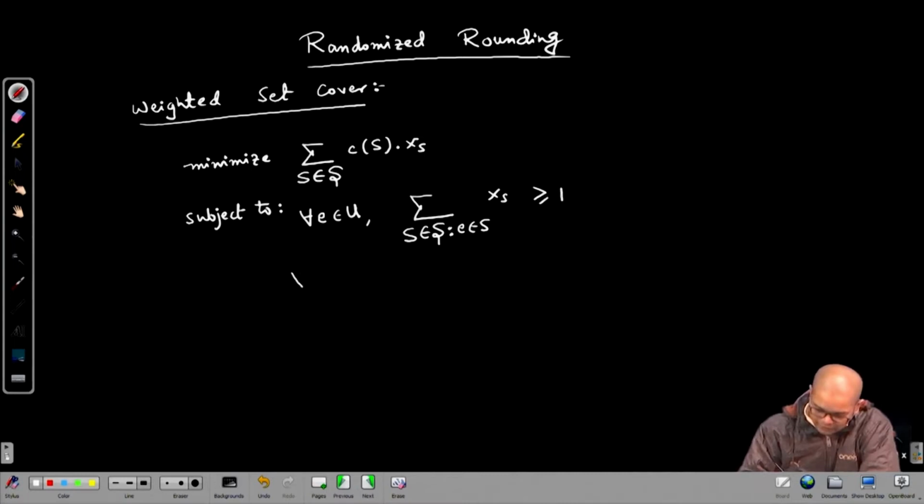And for all sets S in the collection, x_S is greater than or equal to 0.